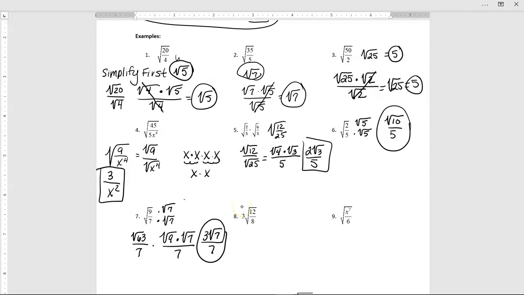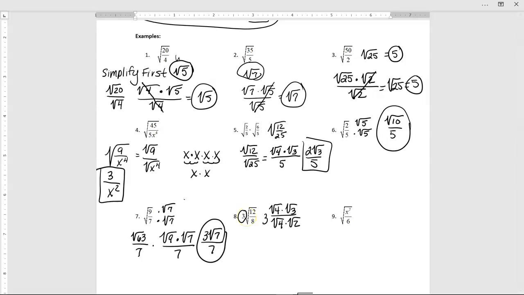You don't want to ever forget that that 3 is sticking out there, because everything that you pull out is going to be multiplied times that 3. So let's do this. There are some perfect square factors, and before I get multiplying by the square root of the denominator and get a number that's too big for me to handle, let's break this down a bit. So I have 3 times the square root of 4 times the square root of 3 over the square root of 4 times the square root of 2.